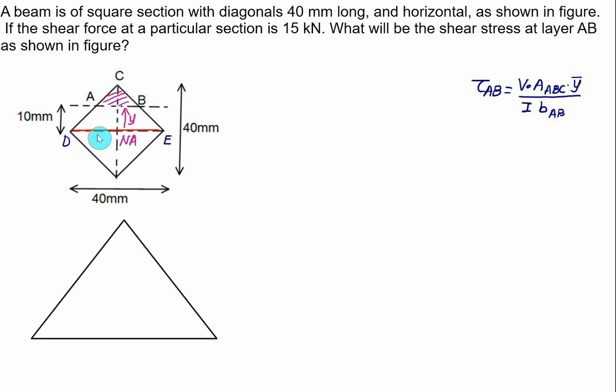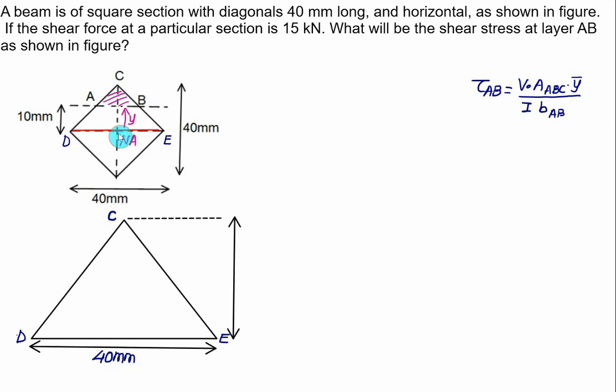To find out the width AB, here we'll find triangle ACB and triangle DCE are symmetrical triangles. This triangle is a larger triangle, triangle DCE. It has a base equal to 40 and it has a height equal to 40 by 2, that is 20 mm. So D represents here the horizontal diagonal, that will be equal to 40 mm.